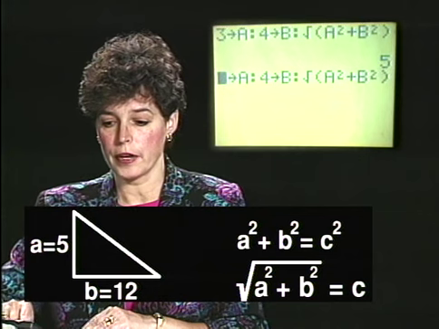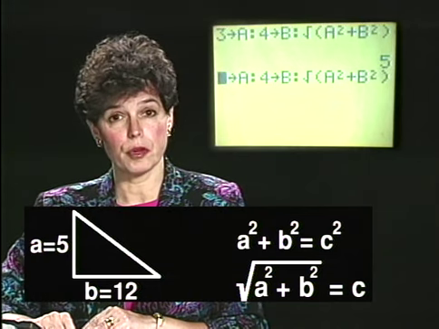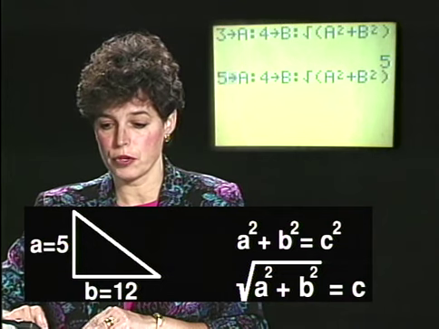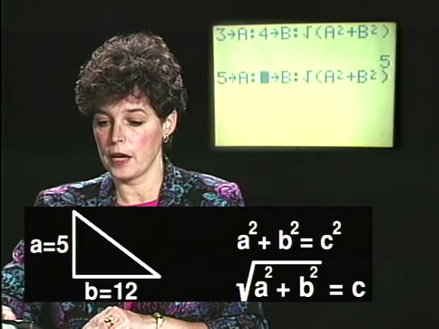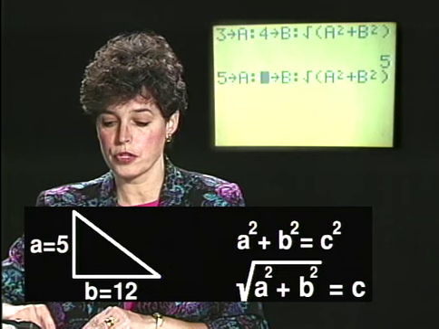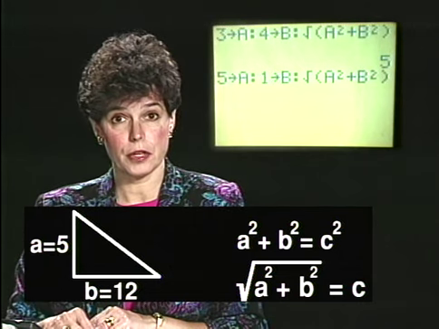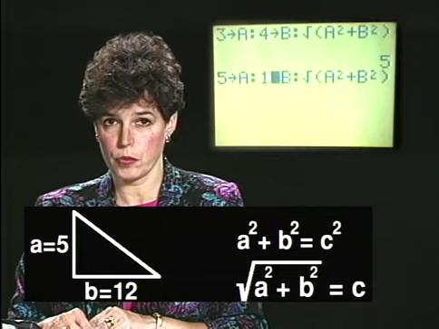I can work on that, and I have just moved my cursor up to the 3. I want to put the number 5 here, so just punch the 5 and it will replace the 3. Move on over, and I would like to insert the number 12 here. Now I can just press the number 1. That takes the place of the 4, but you see that my cursor is now blinking on the arrow, and I don't want to cover it up.